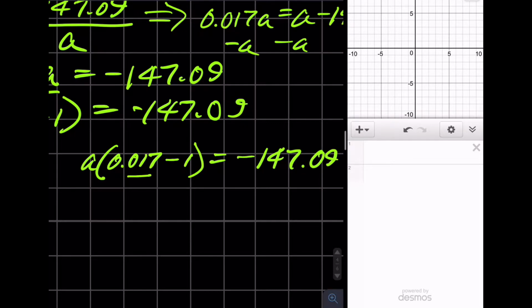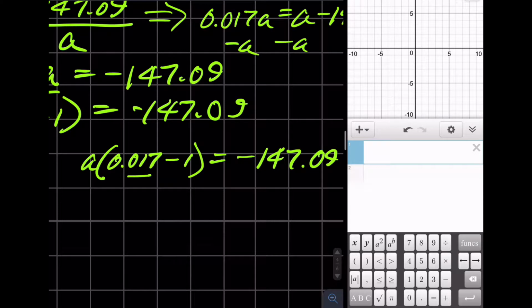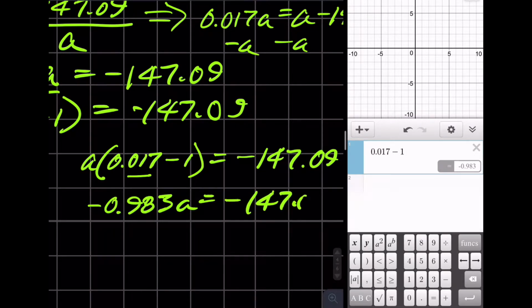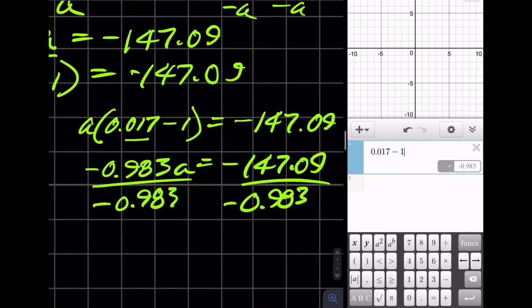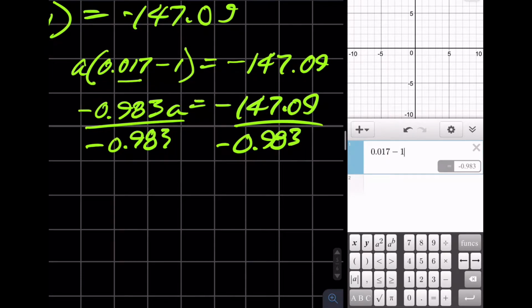So I'm going to do that subtraction. 0.017 minus 1, and I get negative 0.983. A times negative 0.983 equals negative 147.09. Now I'm going to divide both sides by negative 0.983. And so I get A is equal to these two numbers divided.